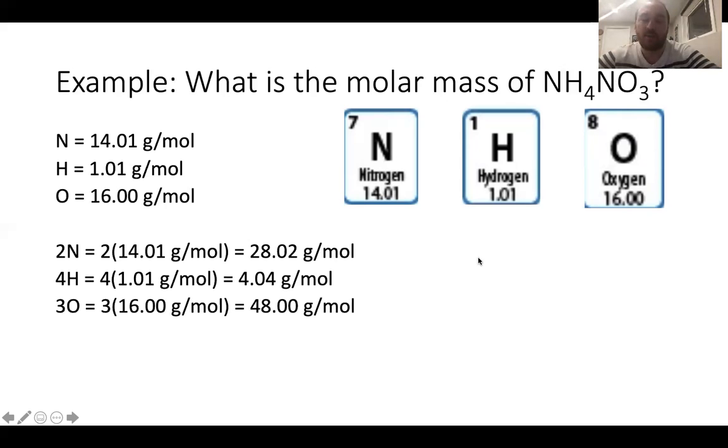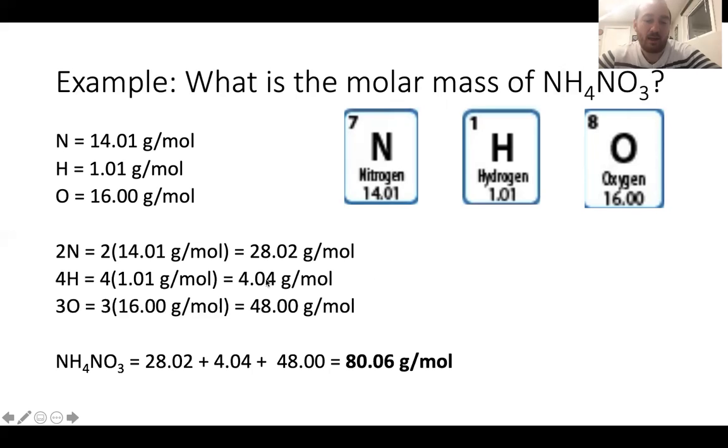And then for oxygen, we have 3 oxygens in the compound, so we need to multiply the molar mass from the periodic table by 3. And then finally, to calculate the molar mass of the compound, we're going to add all these values up, and we're going to get 80.06 grams per mole.